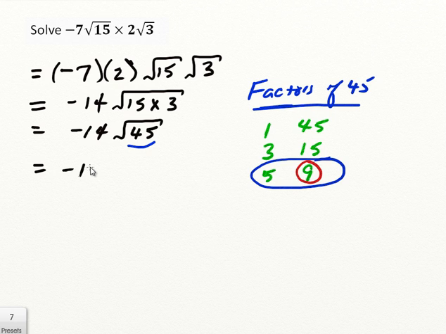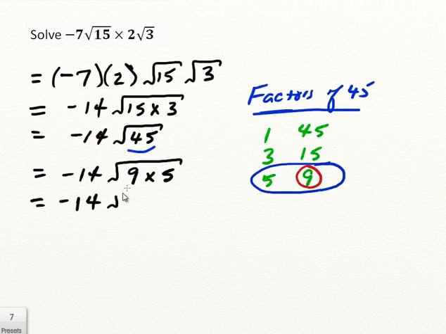So this can be expressed as negative 14 times the root of 9 times 5. Again, negative 14 root 9 times the root of 5.